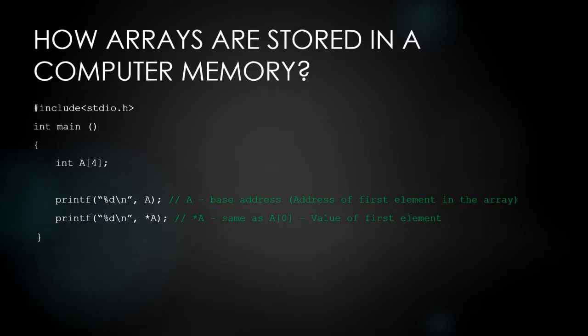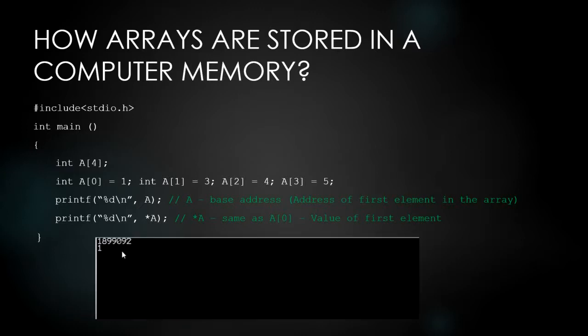We can do that by filling our array with, let's say, A[0] is 1, A[1] is 3, A[2] is 4, and A[3] is 5. If we run this again, the first line will give us the address of the first element, and the second line will give us the value of the first element. So let's try to do that.